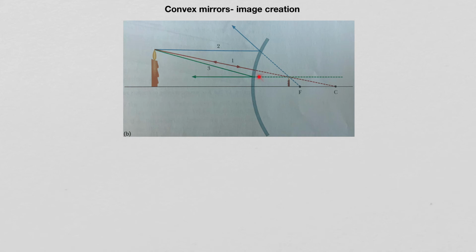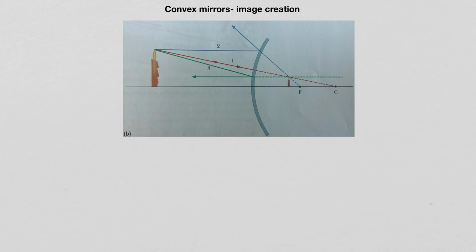If I continue that ray behind the mirror, then it's going to converge with the continuations of rays 1 and 2 at this point. So that's where the tip of the image of this object is located. Again, the rays that are reflected from the object, after reflection from the mirror, diverge from each other, so they will never form an image in front of the mirror.